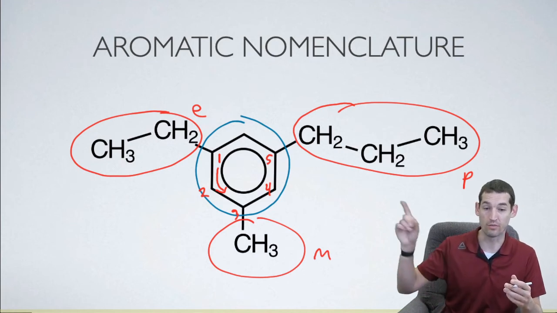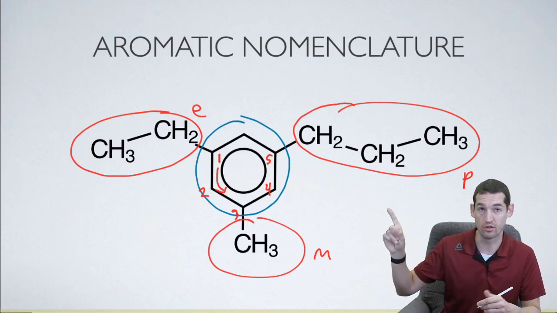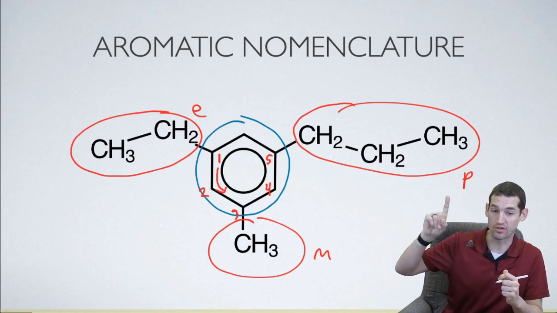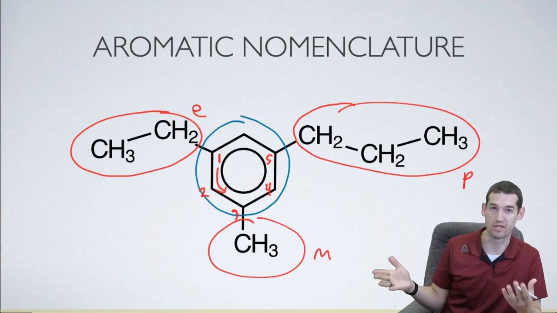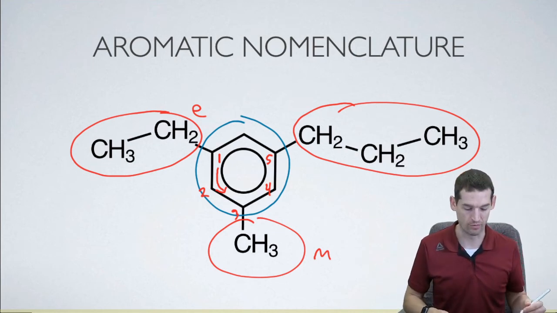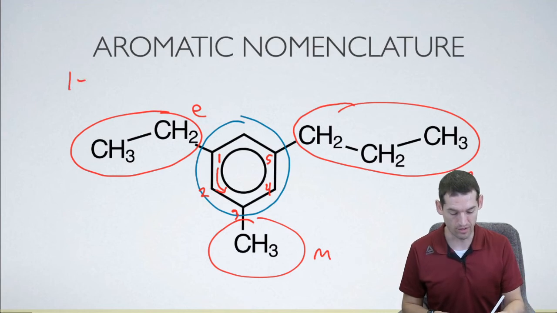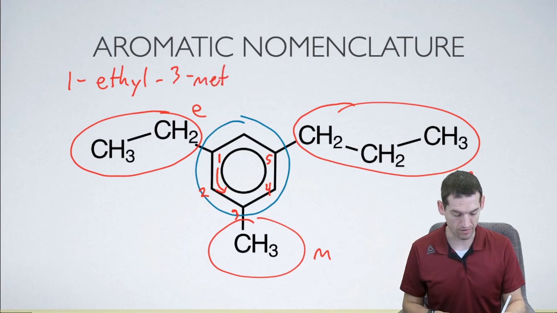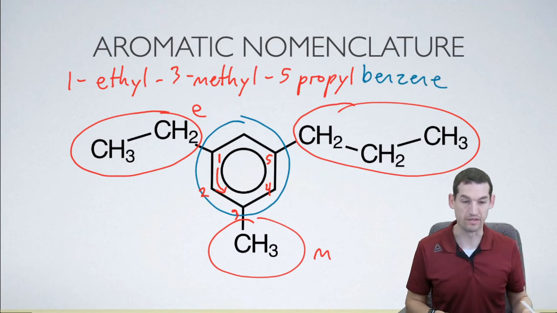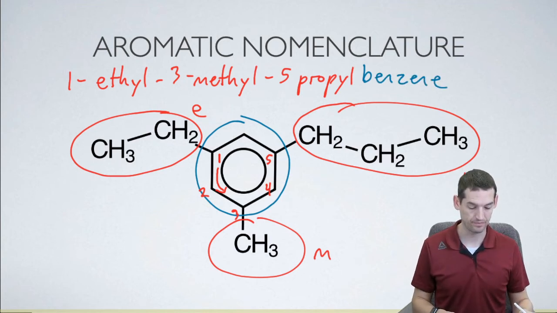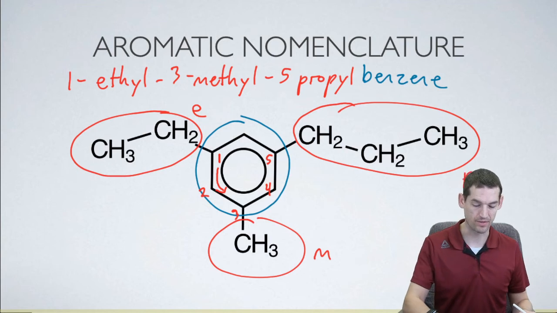So I'm going from the ethyl, which I've definitely said is the lowest, and then because I have the option of either going from ethyl to propyl or ethyl to methyl, I went to methyl because it would be the next in the order of alphabetical. So this is going to be a 1 ethyl, 3 methyl, 5 propyl, and then my parent is benzene. Okay, hopefully that makes sense.